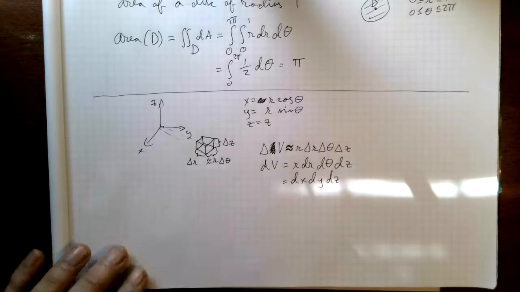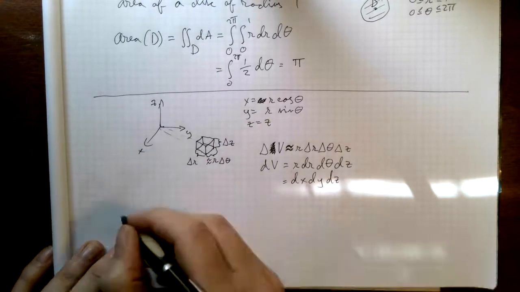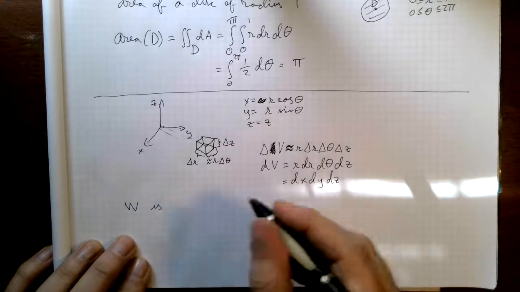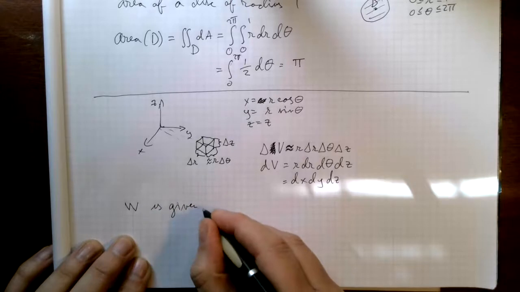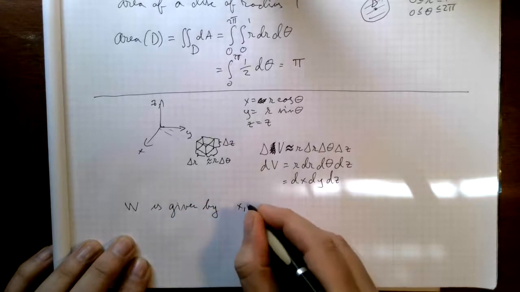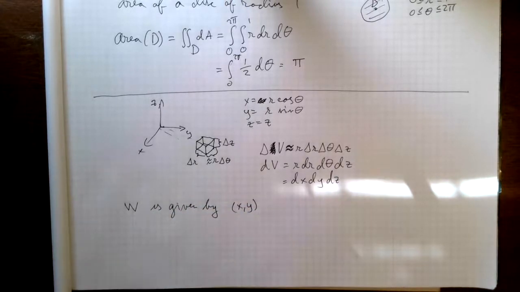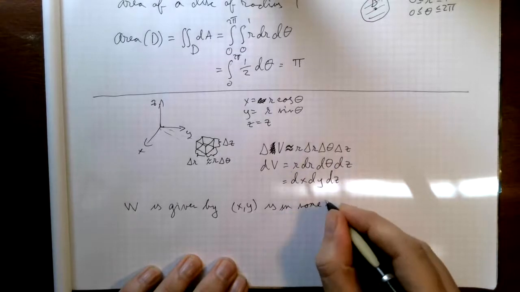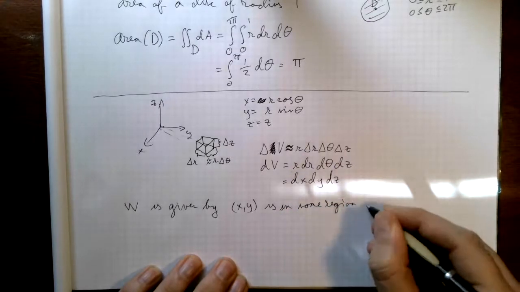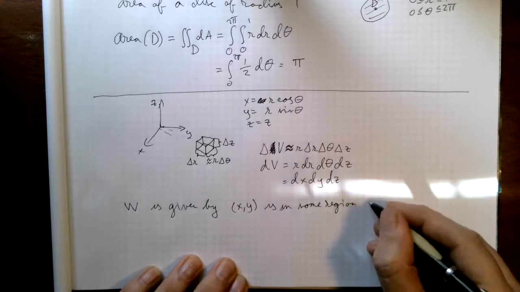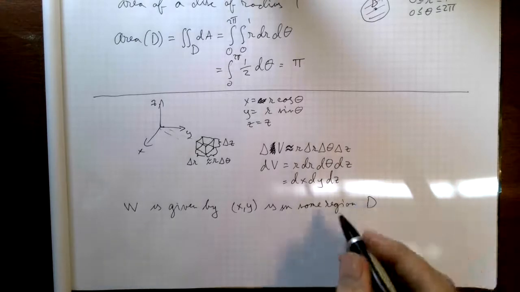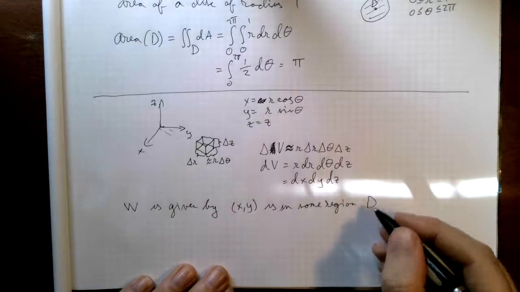The easy region to describe is, suppose that W is given by, let's say, the point xy in the xy plane is in some region, let's call it D, right? And whatever it is, it's some region in the plane. This is a region in the plane.